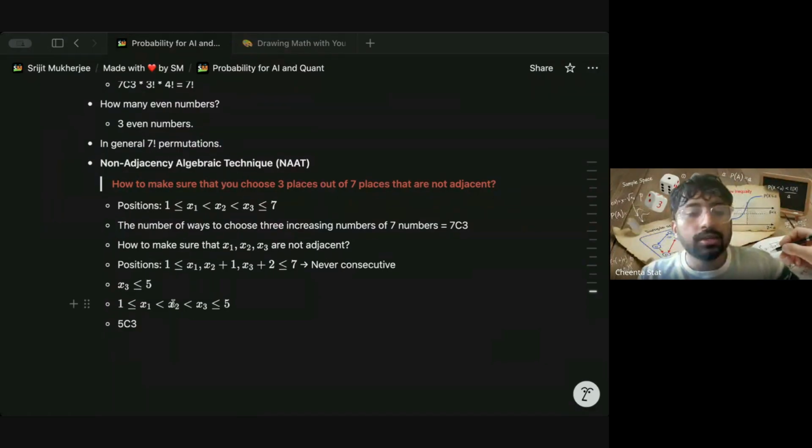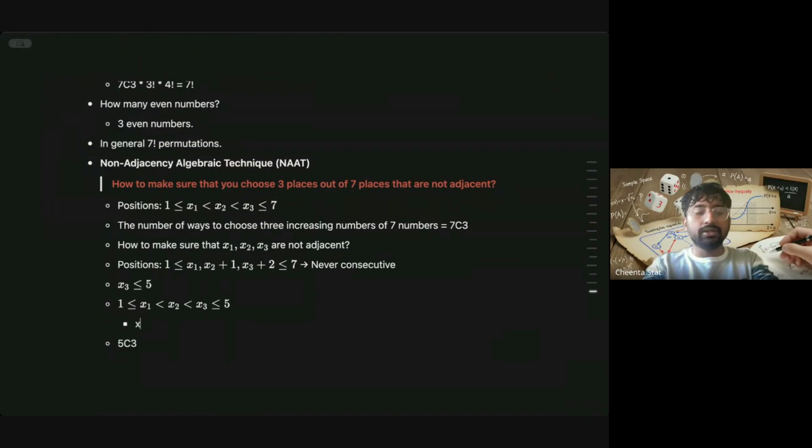Let's take x1, x2, x3 as 2, 3, 5. It turns out the positions are 2, then 3 plus 1, which is 4, and 5 plus 2, which is 7.